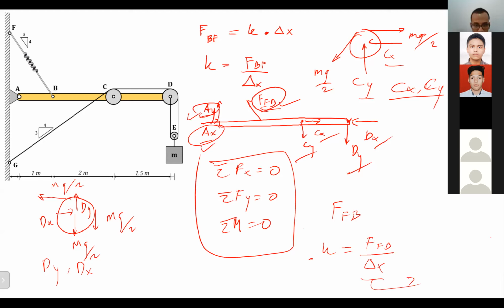I'm not sure if it is 10 centimeters or 10. Oh, 10 millimeters. So that is 10 divided by 1,000 meters, right? So 0.001 meters. Then you will be able to get k. That's it.